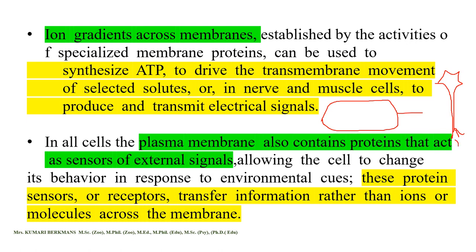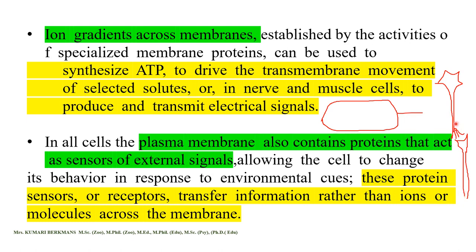For example, this neuron is releasing an electrical signal that will be received by the next neuron, and it is passed to another cell. So through the transmembrane, the electrical signals are transmitting from one cell to another cell.